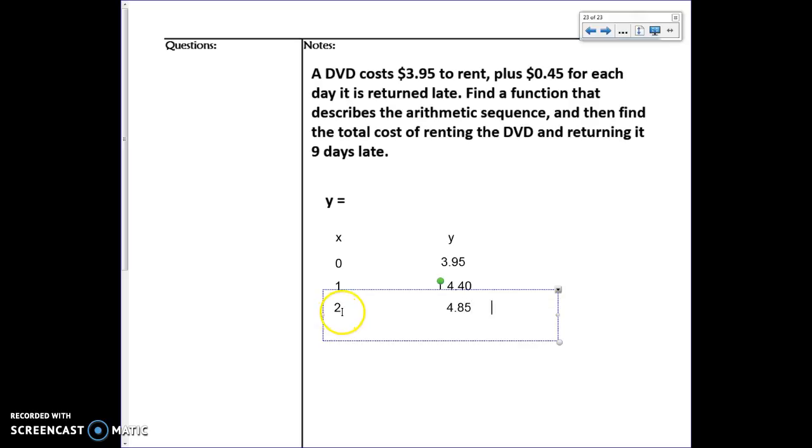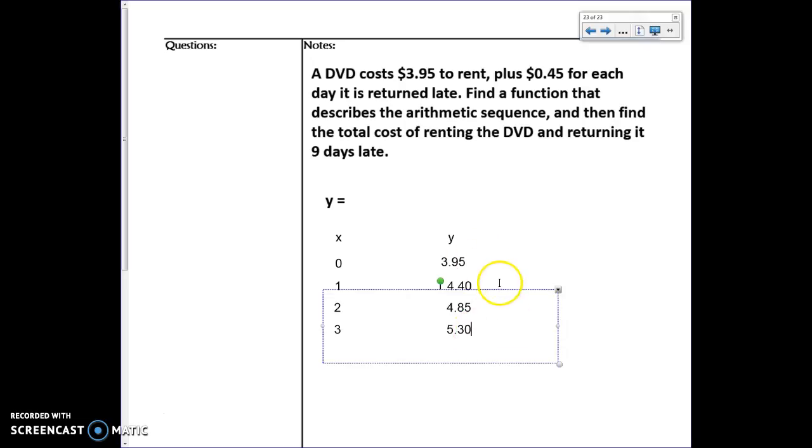If we kept going, day 3, we're just adding in another 45 cents. So $4.85 plus 45 cents would be $5.30. I could keep going to 9 days late, but I hope I can see a pattern here.